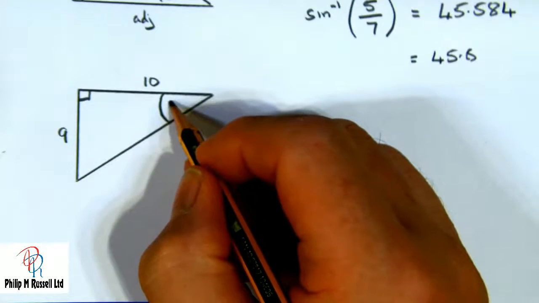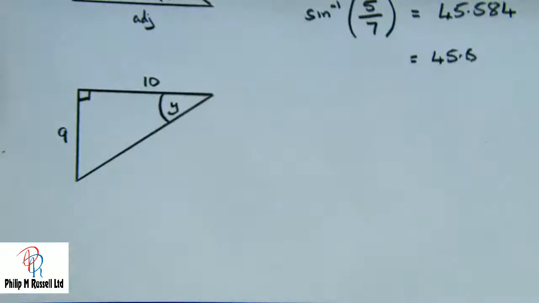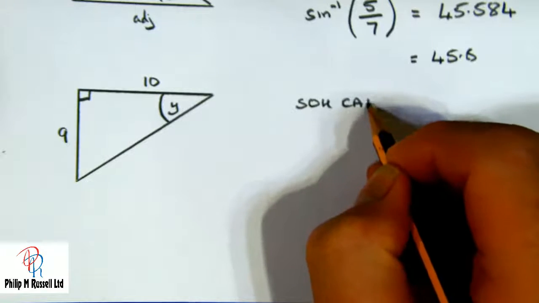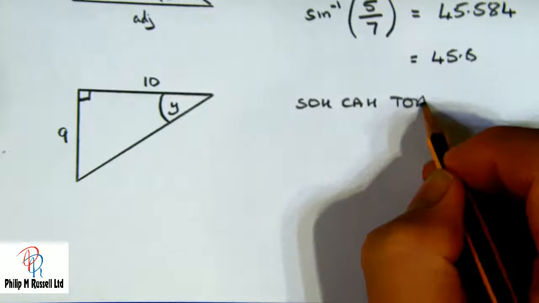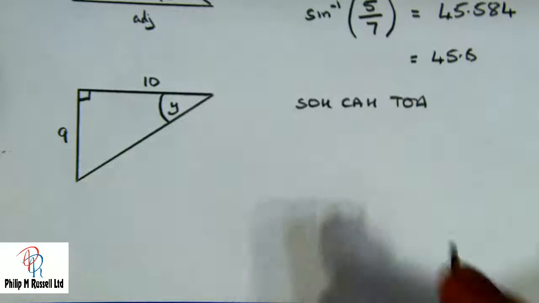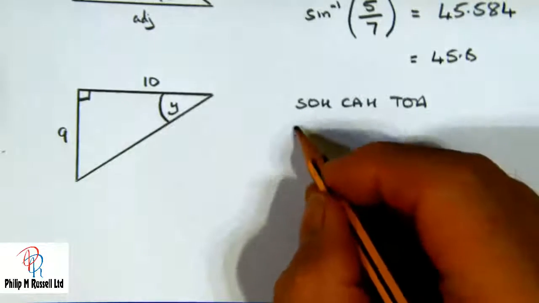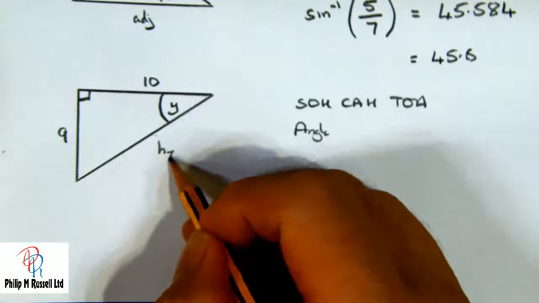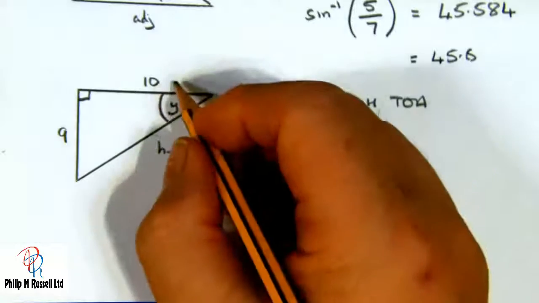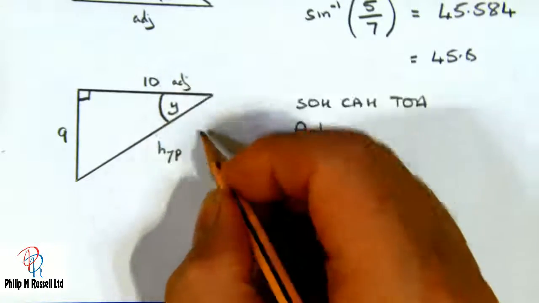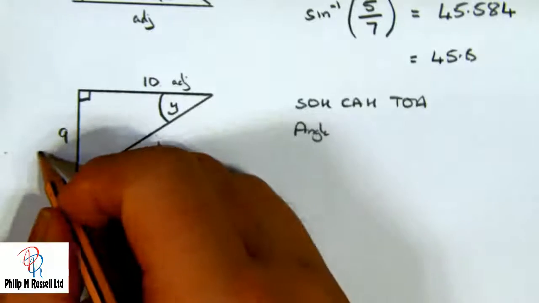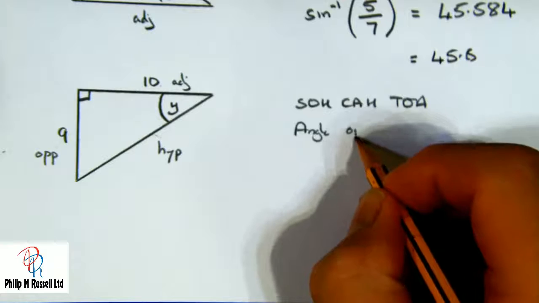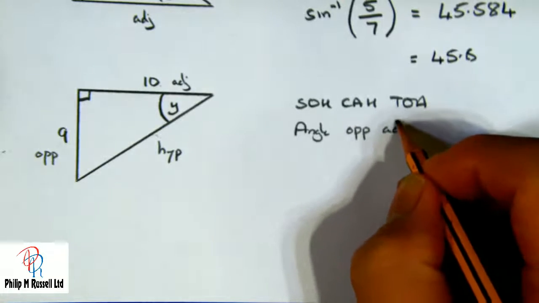We'll find the angle y again. So we start with SOHCAHTOA. We've got an angle we want to find. This side here is the hypotenuse. The 10 is the adjacent, it's next to the angle, and the 9 is opposite. So I've now got the opposite and I've got the adjacent.